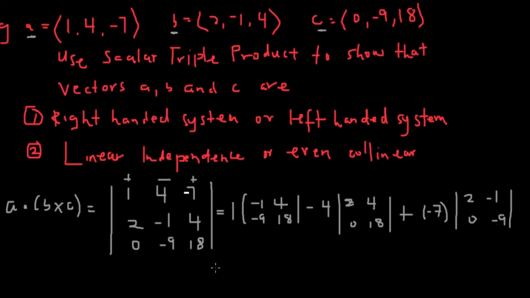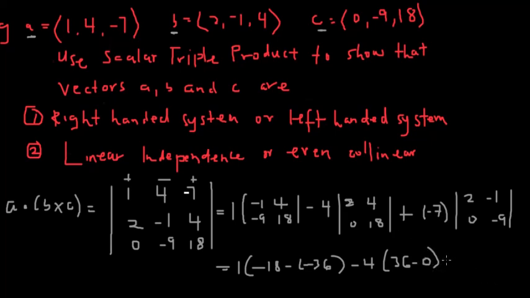So when you do the simple computation, we have 1 times (this by that), and then 9 by minus 9 by 4, we have minus 18, and then minus 36. Then we have 4 minus 4, open brackets, 2 by 18, that's 36, minus 4 by 0, that's 0.